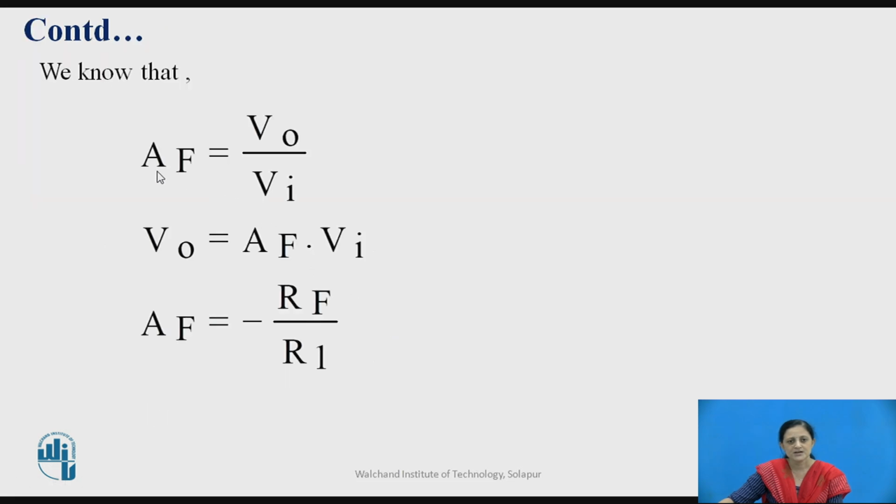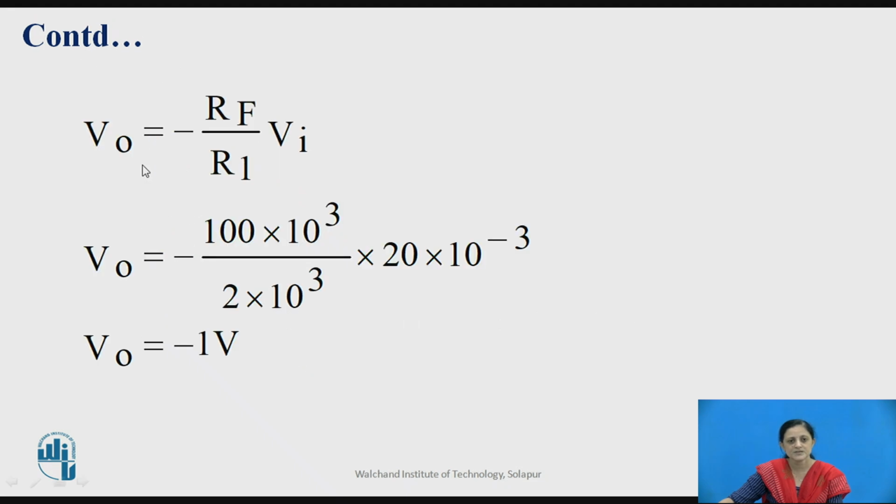As we know, the feedback gain is given by the ratio of output to input voltage, so VO by VI. Using this equation, the output voltage can be written as AF times VI, where AF is the feedback gain, which is given by minus RF by R1. This gain is for the inverting mode. Now put that gain in the above equation of Vout. So Vout equal to minus RF by R1 into Vi.